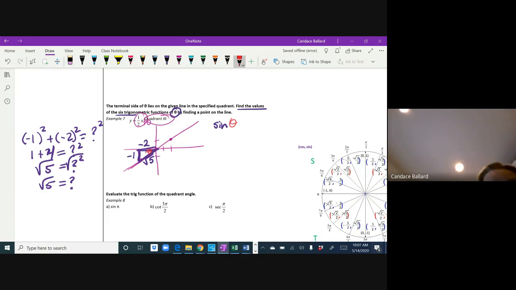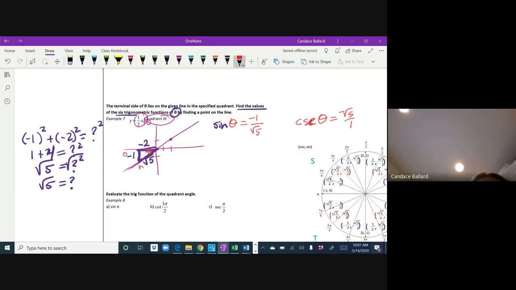Okay. So the sine of theta is the opposite, which is the -1, over the hypotenuse, which is the square root of 5. Now, I know I don't like to leave it like that, but before I do the rationalization, I'm going to flip the reciprocal first.